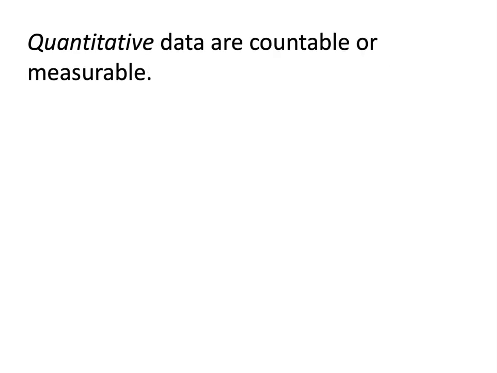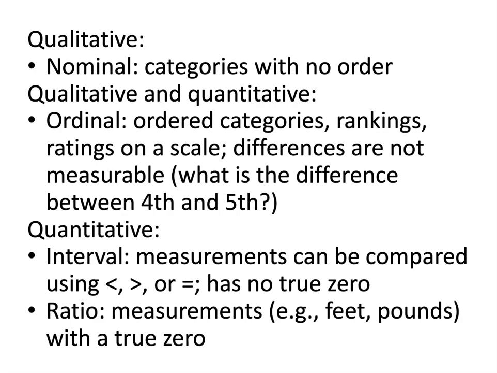Quantitative data are countable or measurable. This gets tricky, okay? So we saw a moment ago that nominal data are qualitative. Ordinal data are both qualitative and quantitative. So they're quantitative in the sense that you have ordered rankings. I'd rather go to a restaurant that gets 5 stars than a restaurant that gets 4 stars.